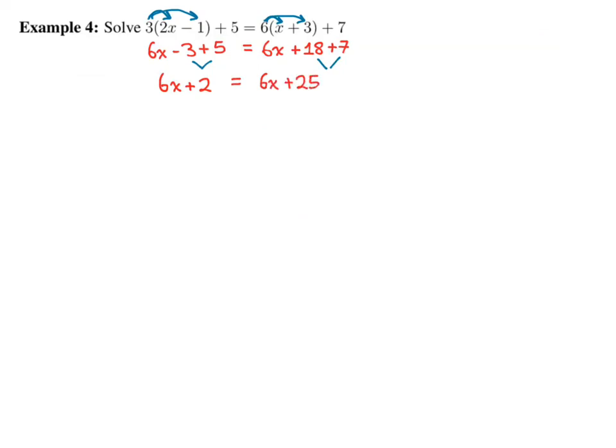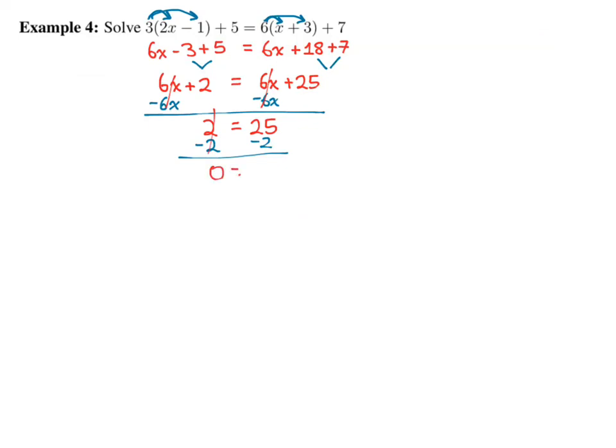That looks similar, but they're not the same this time. So let's keep going. Move the 6x off of the right, moving letters to the left, maybe. And then the 6x's are both gone. So 2 is 25. And you know what? 2 isn't 25. You can try to move the 2, I guess.